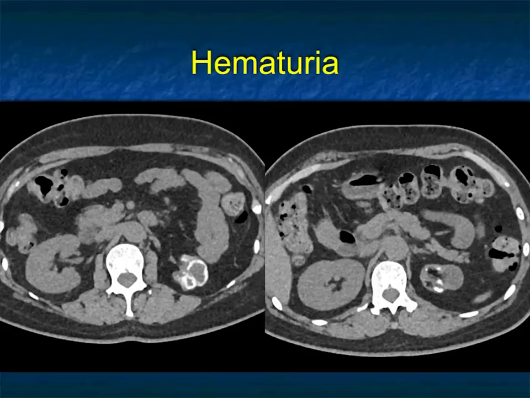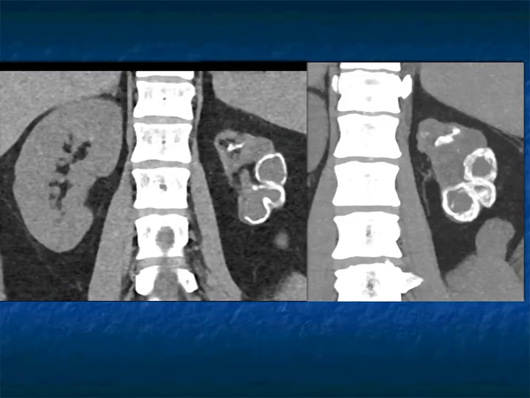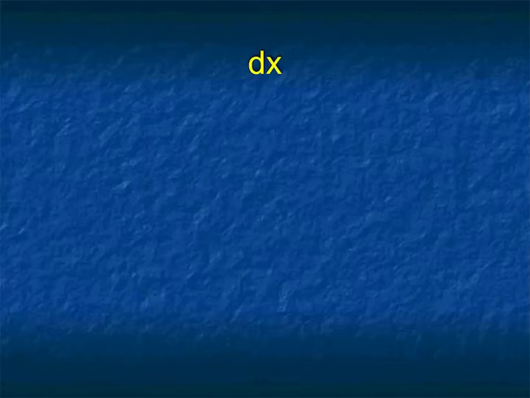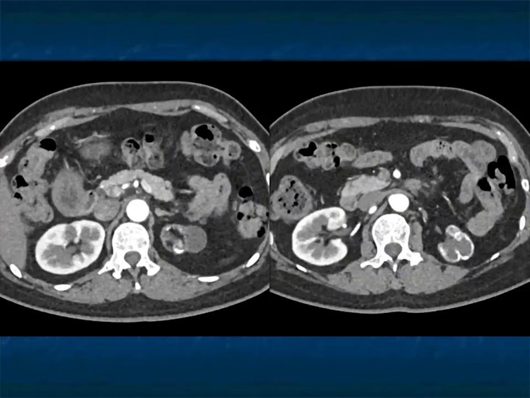Another patient, left kidney, small, calcified. Look at the lobulations and the calcification. It looks chronic, right? Well, what could this be? When you give contrast, the right kidney enhances normally. The left kidney has some enhancement, but still abnormal. What gives you these ring-like calcifications and a small kidney?